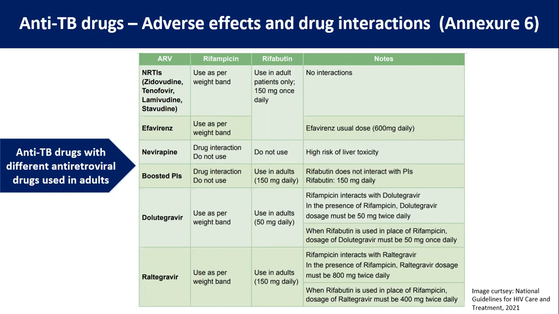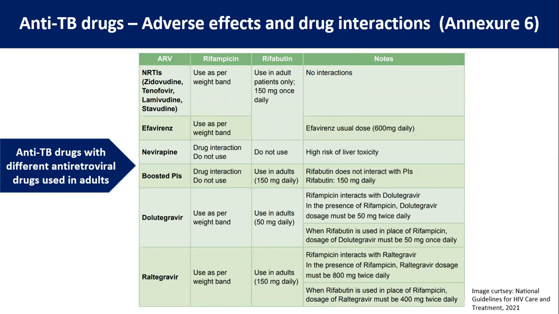For example, NRTIs: zidovudine, tenofovir, lamivudine, or abacavir, which are there in the program. We can use rifampicin without any problem, and rifabutin also can be used. And efavirenz can be used with both rifampicin and rifabutin. Nevirapine should never be used, neither with rifampicin nor with rifabutin, because of high hepatotoxicity.